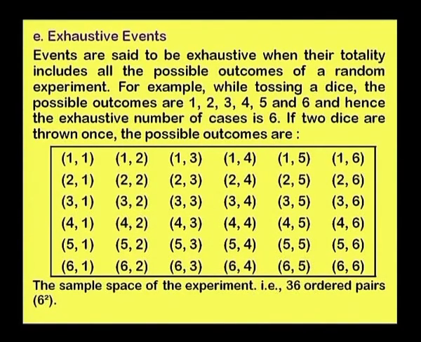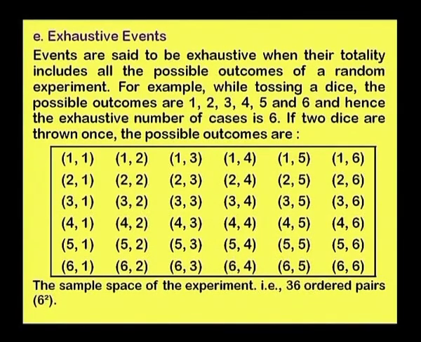If 2 dice are thrown once, or we can say when we toss the dice 2 times, then the possibility of getting the number is 1, 2, 3, 4, 5 and 6. And what are the possibilities? These are shown in this diagram. 1 and 1 means when we toss the dice, either we get 1 in both cases, or we can get 2 and 1, or 3 and 1, or 4 and 1.